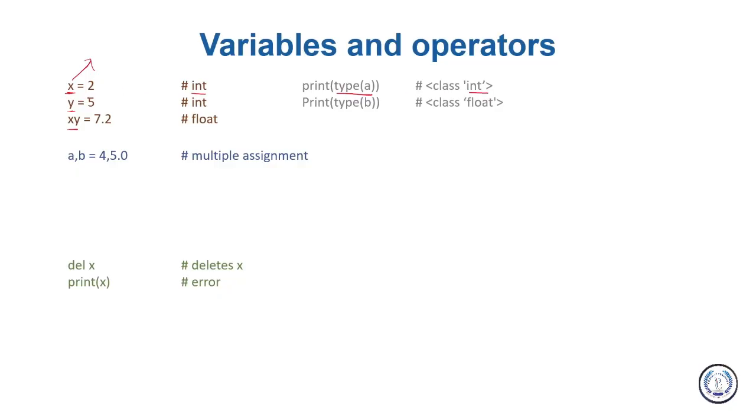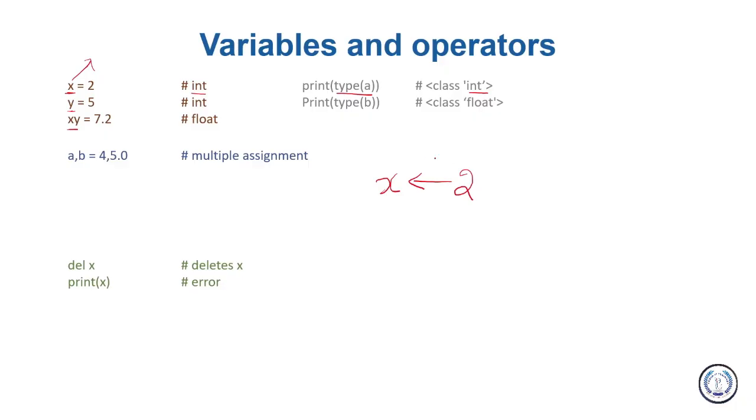You need not specify the type of variable when you are storing the data to it. Storing data to a variable is sometimes called assigning data to a variable, or assignment. For example, if your variable is X and you are assigning a value, let's say 2, then 2 is an integer value, it does not have a decimal expansion.